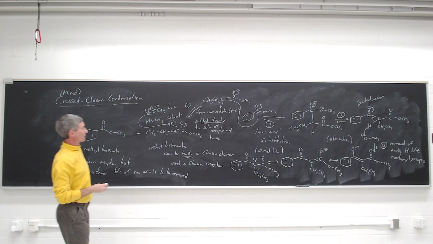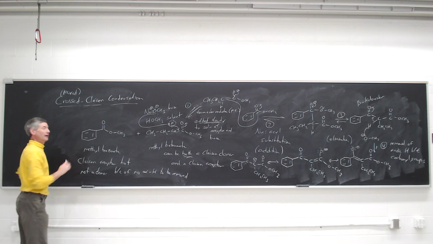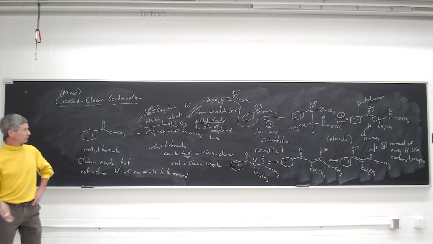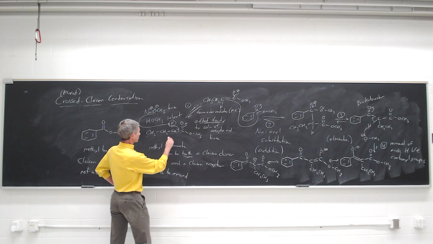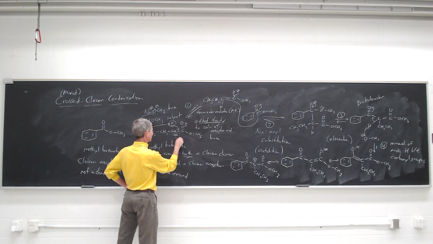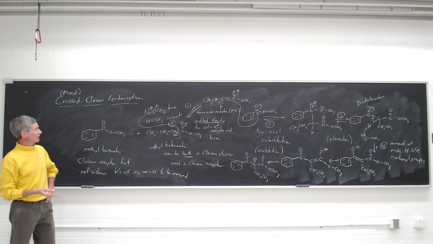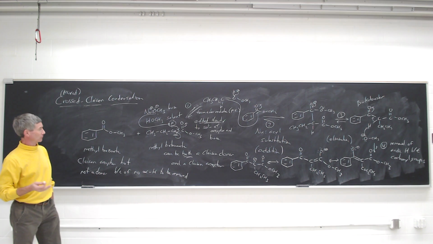So the crossed Claisen can be done if there's no alpha hydrogen on one of the 2 esters. And any Claisen condensation requires there to be a second hydrogen, right? So it's got to be a primary carbon adjacent to the donor ester.